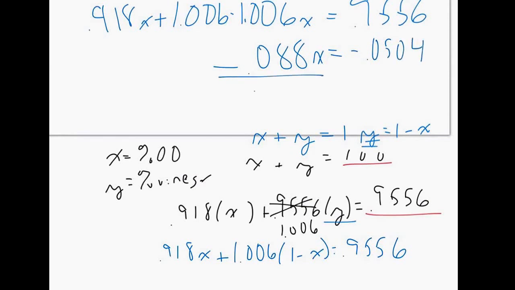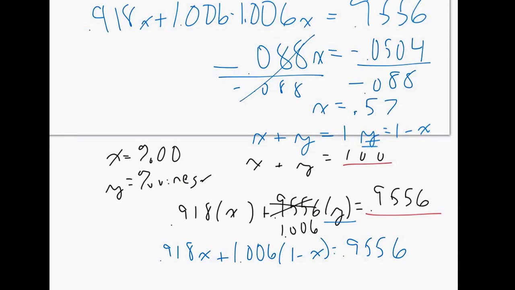If I divide both sides by negative 0.088, I lose the negative on both sides. And I get x equals positive 0.57, which means that my olive oil is 57%. And that means my vinegar is 43%.